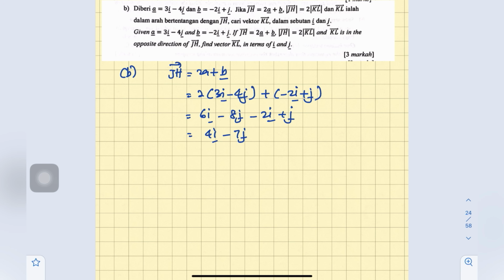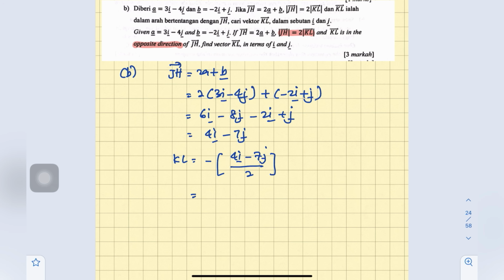So vector KL ada statement ni. Dia punya magnitude is half of JH, so KL separuh, and the direction opposite. So yang positif become negatif, negatif become positif. So KL negatifkan, 4i minus 7j divided by 2.